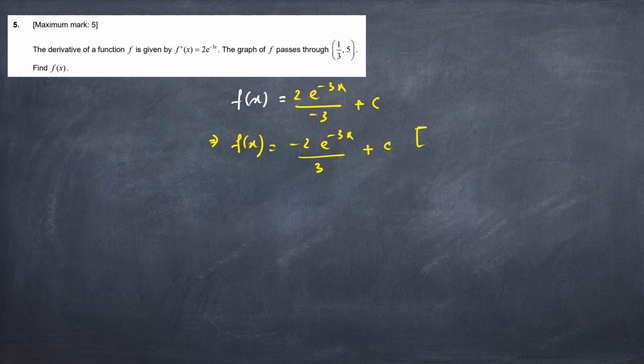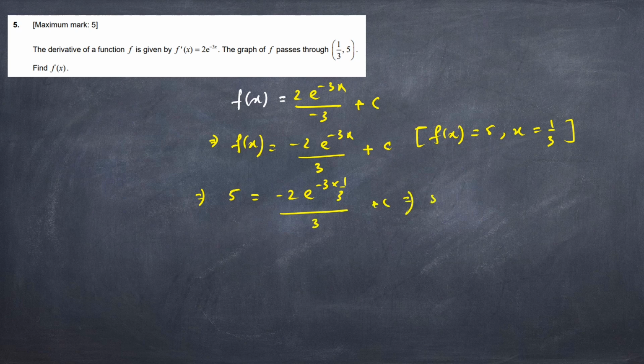Now we are putting the values f(x) equals to 5 and x equals to 1/3. So after putting, we get 5 is equals to minus 2 e to the power minus 3 into 1/3, divided by 3, plus c.